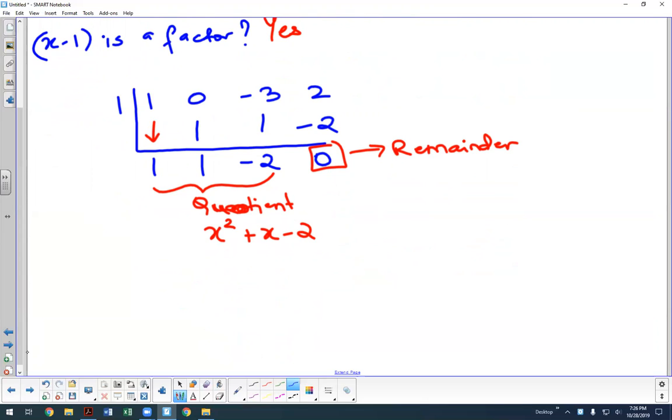So how can I factor x squared plus x minus 2? Yes? We already know x minus 1 is one of the factors. So that's actually going to be a third factor.